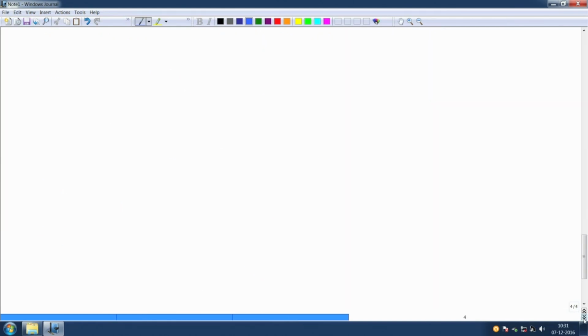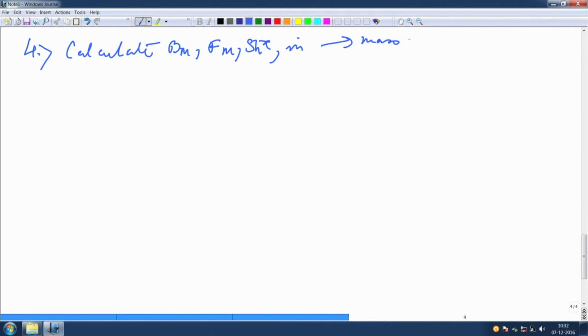So, let us look at what you do in step 4. In step 4 you calculate Bm, Fm, Sh star and m dot, all from the mass point of view. M dot is the mass flux.